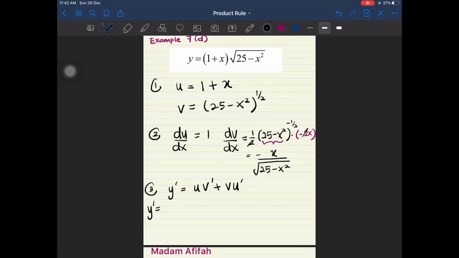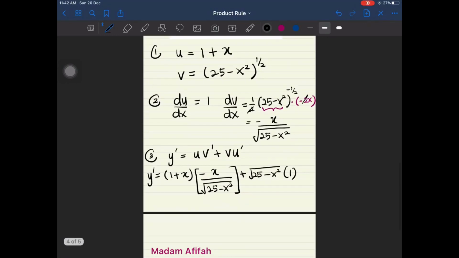So your y prime is equal to, your u is 1 plus x, your v prime, which is dv/dx, is negative x over square root of 25 minus x squared, plus v, which is square root of 25 minus x squared, times du/dx, which is 1.